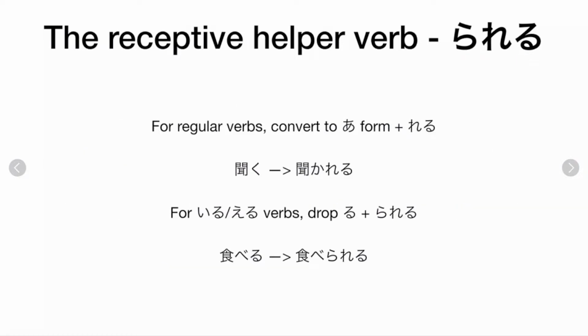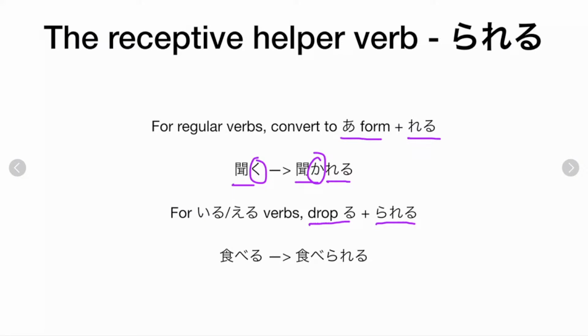Okay, so the way you attach rareru, if it's a regular form, a regular verb, you make it the a stem and you add reru. So kiku will become kika, the ku will change to ka, and then reru. And if it's an iru-eru verb, then always drop the ru, add your helper, in this case rareru.